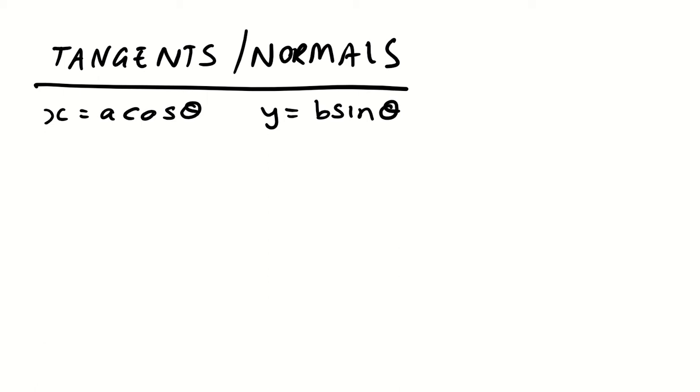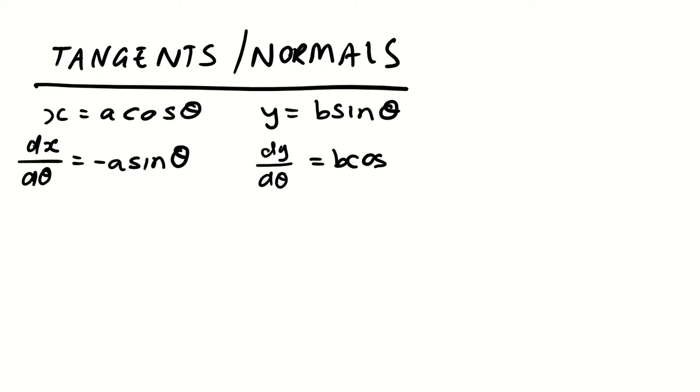So again, to find the equation of a tangent, I differentiate. I'm going to differentiate both of these. So this first one is the derivative of x with respect to theta, and I'm going to get negative a sine theta. Then the next one is the derivative of y with respect to theta, and I'm going to get b cos theta. Now the thing is though, to say that's our gradient of our tangent, we need dy dx. That's the gradient function.